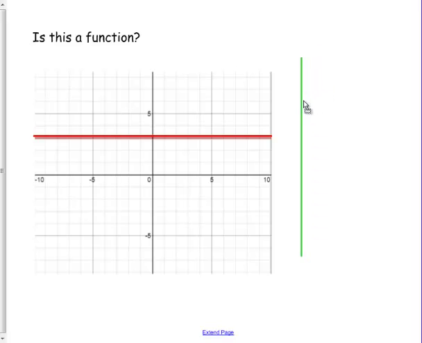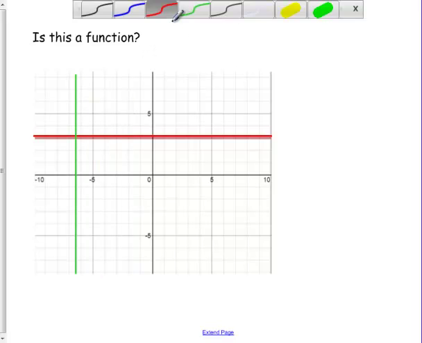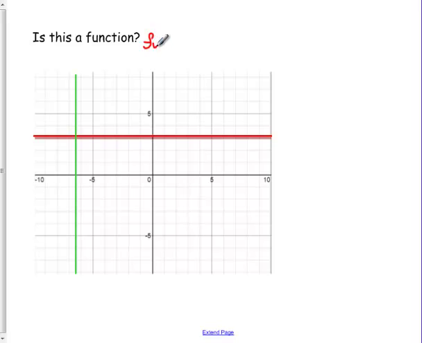So the vertical line, if we pass this vertical line over the red line, is there any place that this green line will cross that red line more than once? Nope. So this is a function.